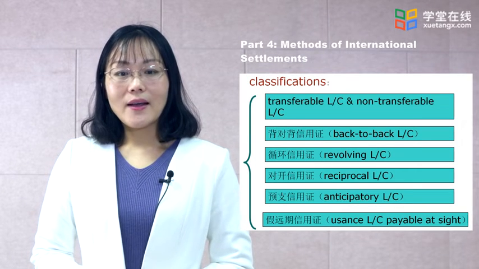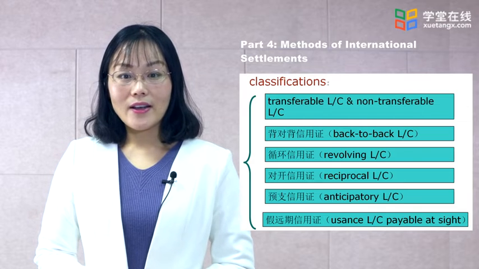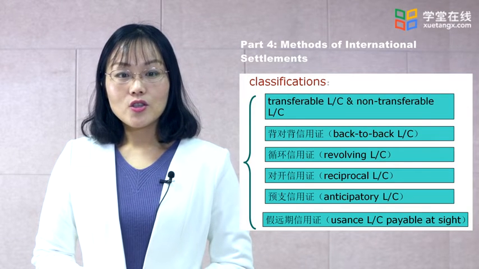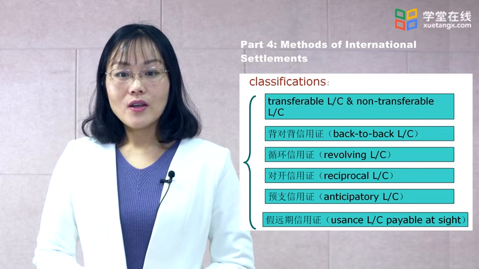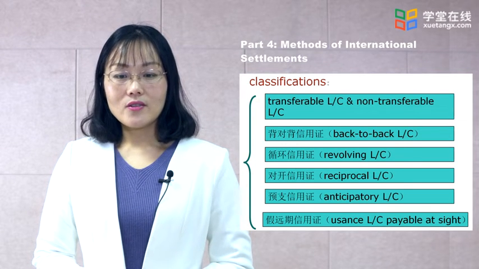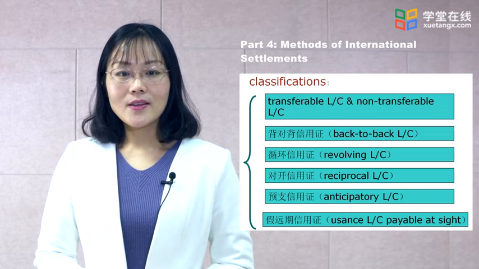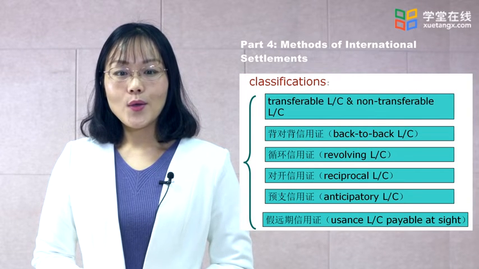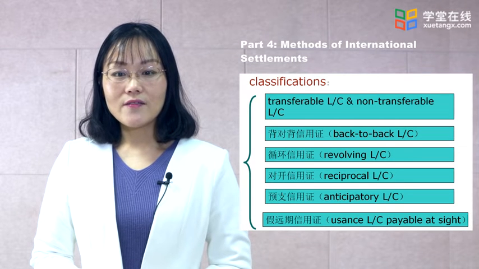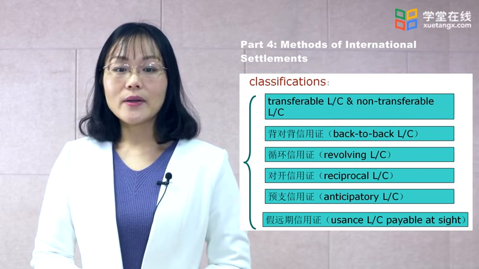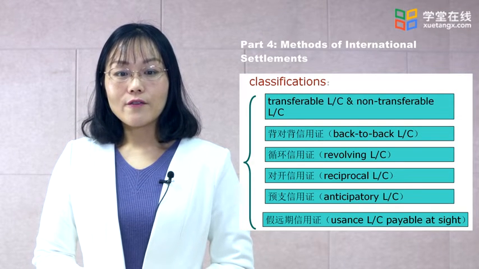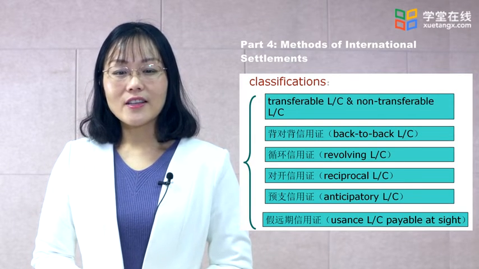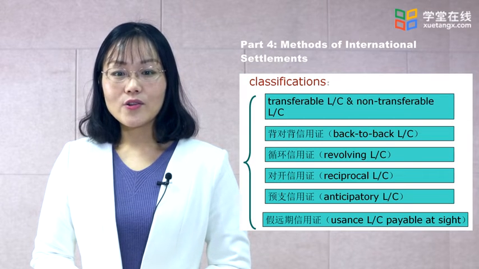The negotiating bank is hereby authorized to make advances to the beneficiary up to an aggregate amount of $200,000. The advances with interest at the ruling rate of exchange at the time of payment of such advances are to be deducted from the proceeds of the credits drawn under the credit.